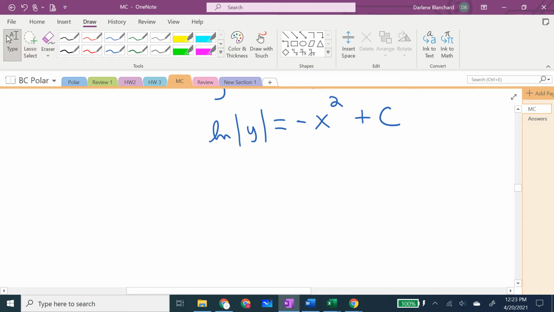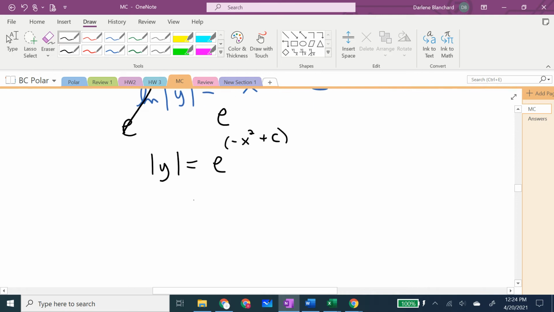So watch very carefully. To get out of natural log, I e to the power both sides. Now you have the absolute value of y is equal to e to the power of negative x squared plus c.